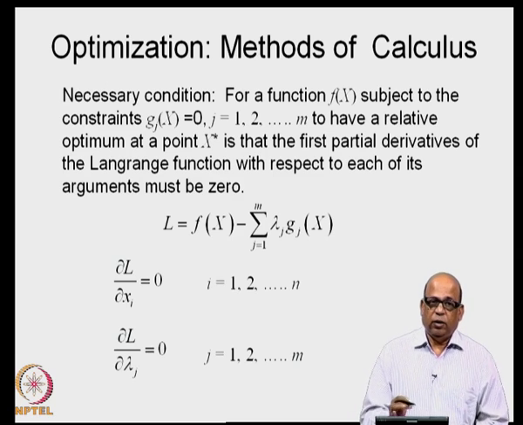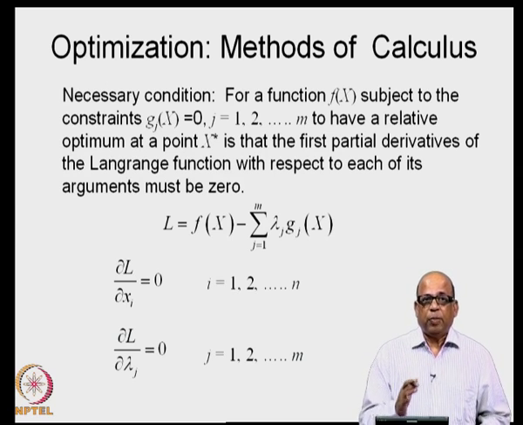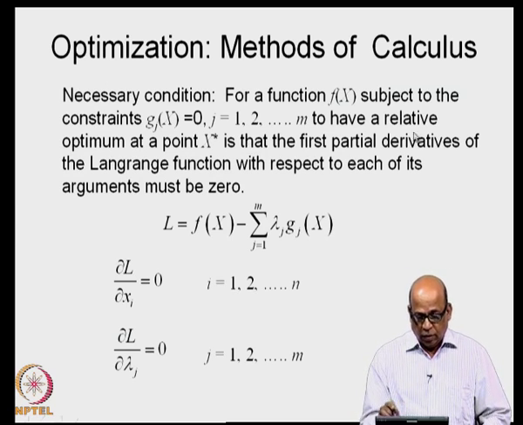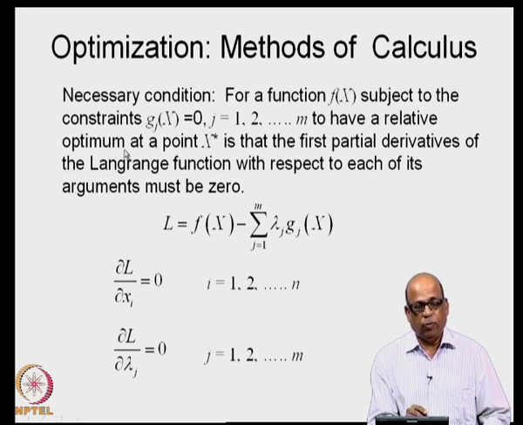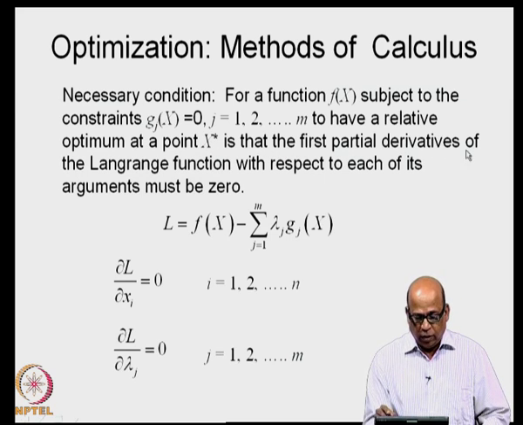So, the necessary condition, we formulated the Lagrangian now. The necessary condition, we state it formally: for a function f of x subject to the constraints gj of x equal to 0, j equal to 1 to m, to have a relative optimum, which means relative minimum or relative maximum at a point x star, this is a stationary point x star, the first partial derivatives of the Lagrange function with respect to each of its arguments must be 0.